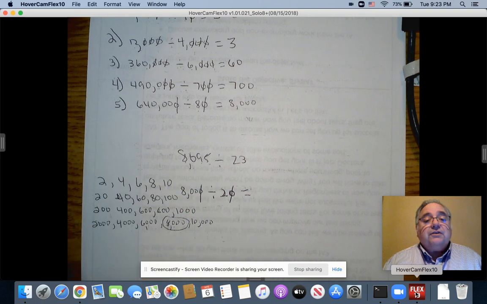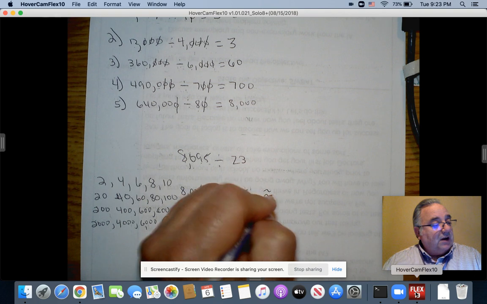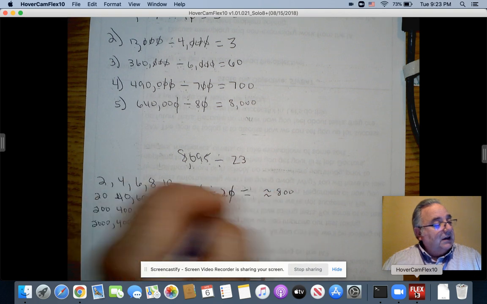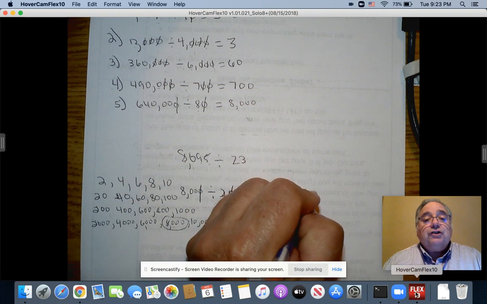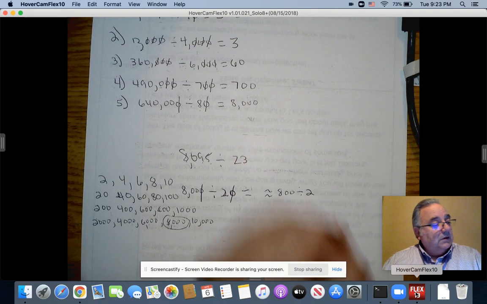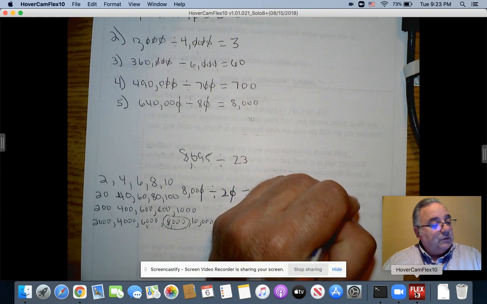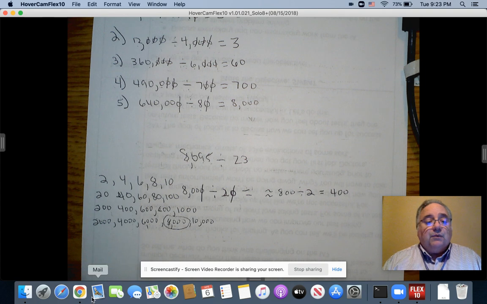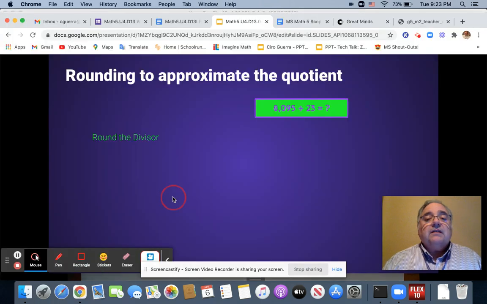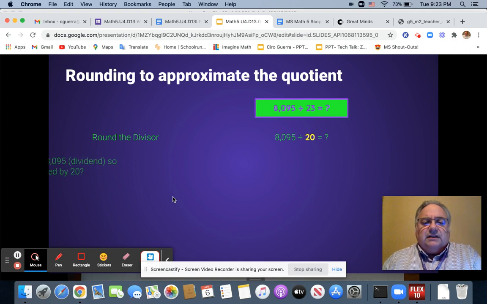Get rid of your zeros, which is going to give us approximately 800 divided by 2, which gives us 400. Let's see how we did. 8,095 divided by 20.